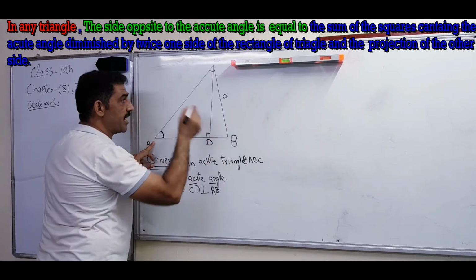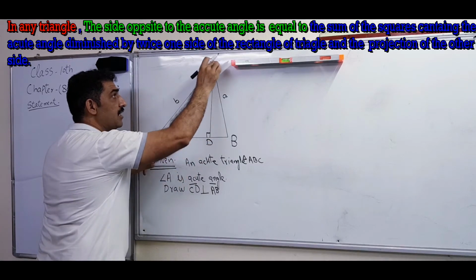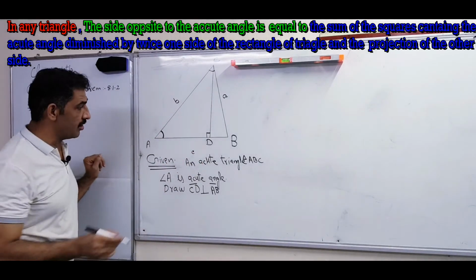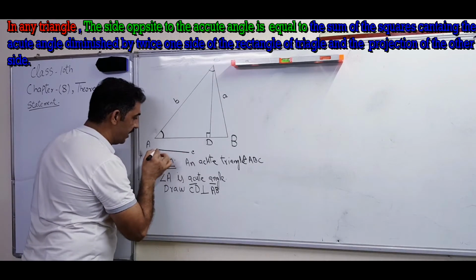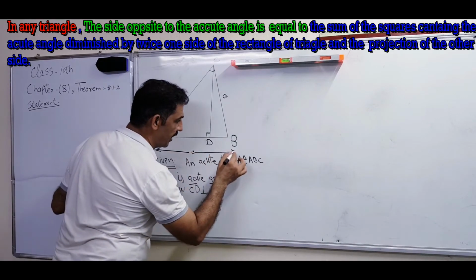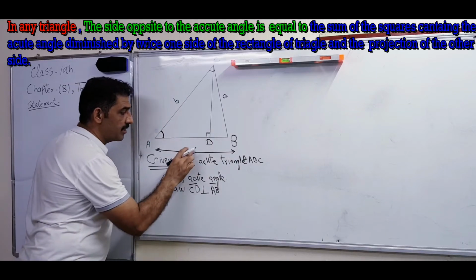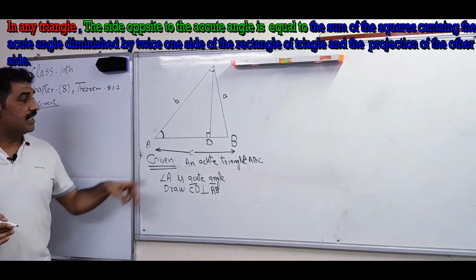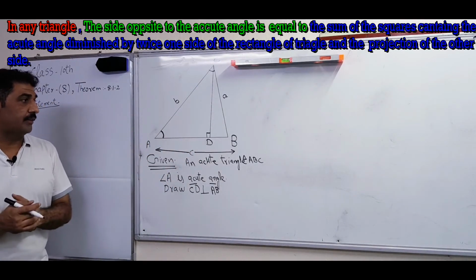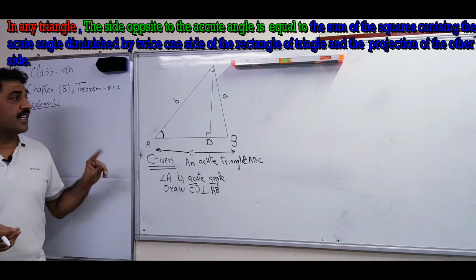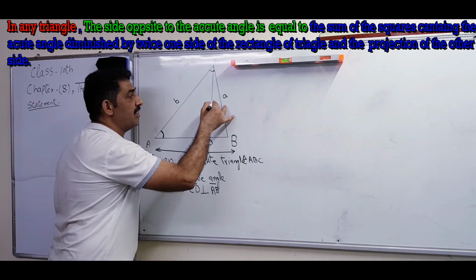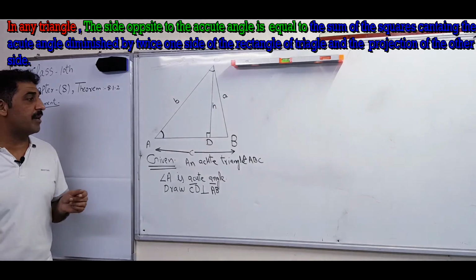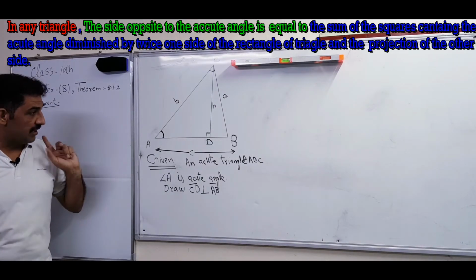The side opposite to vertex B is small b, the side opposite to vertex C is small c, and this complete length is denoted by small c. After that, as in the previous one, this perpendicular length is denoted by h.